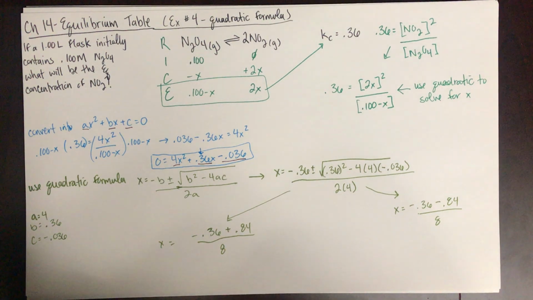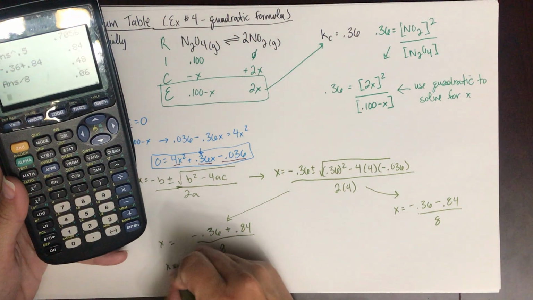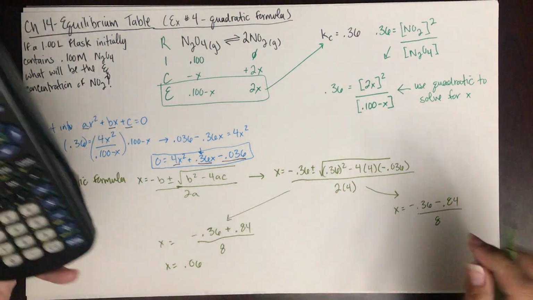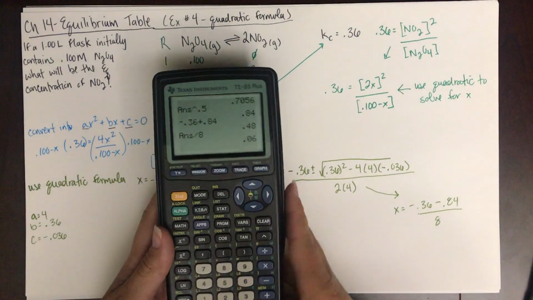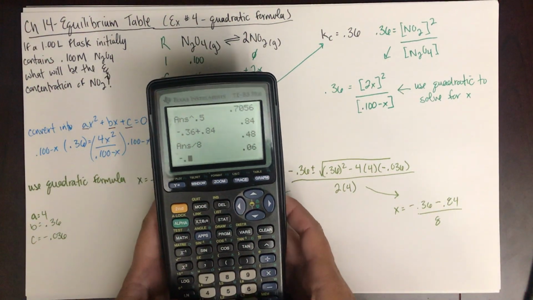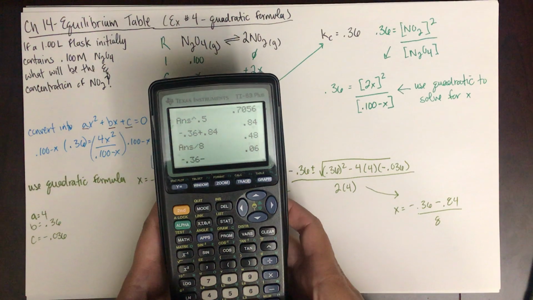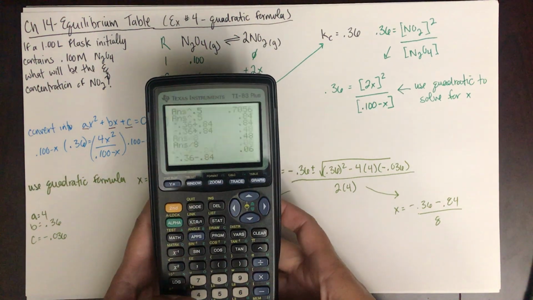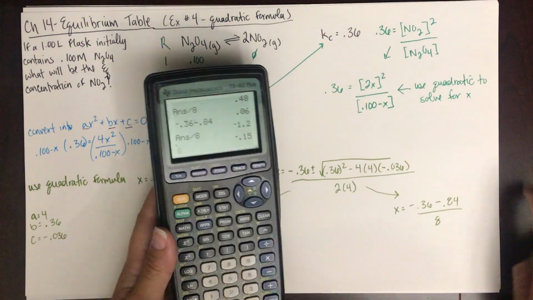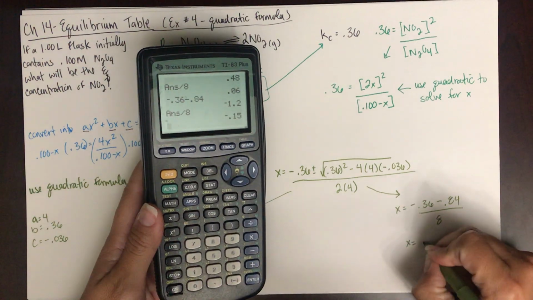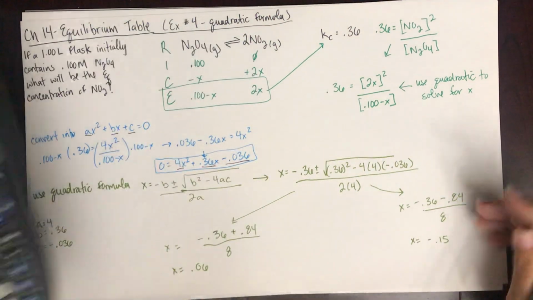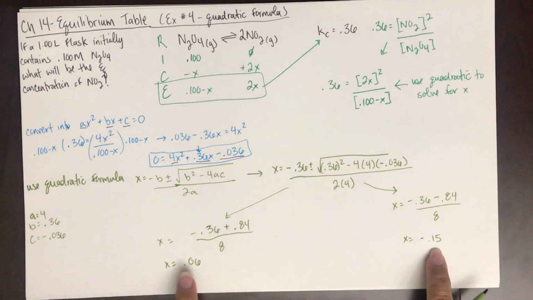Negative 0.36 plus 0.84 divided by 8. In this case, x equals 0.06. Over here, I have negative 0.36 minus 0.84 divided by 8. X equals negative 0.15. So these are the two choices for my x using the quadratic formula.